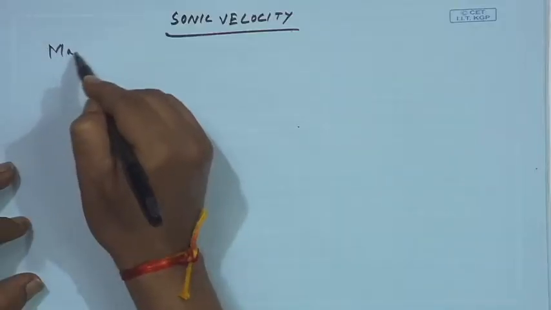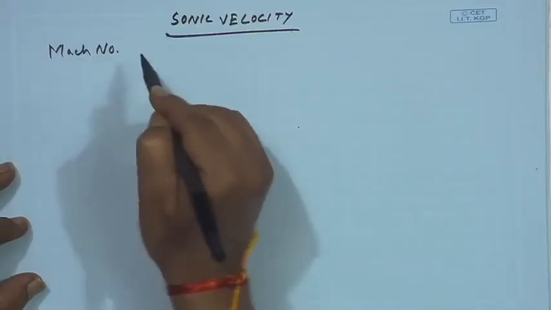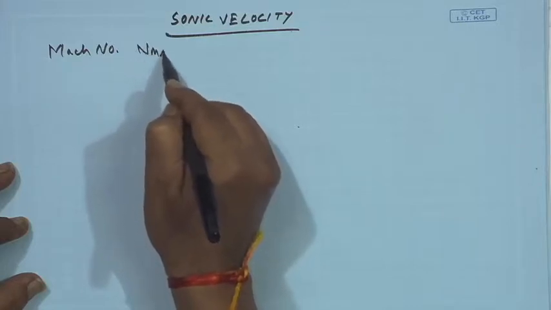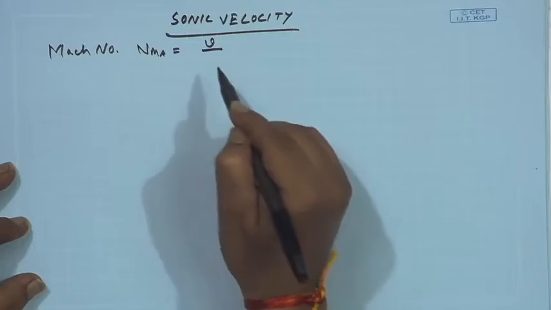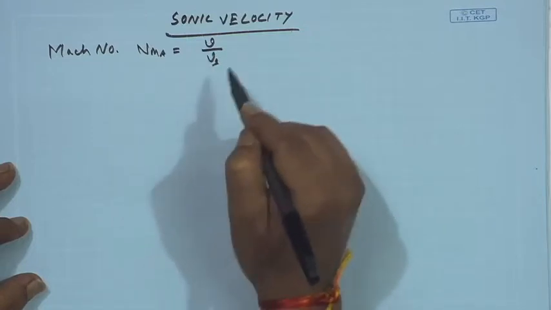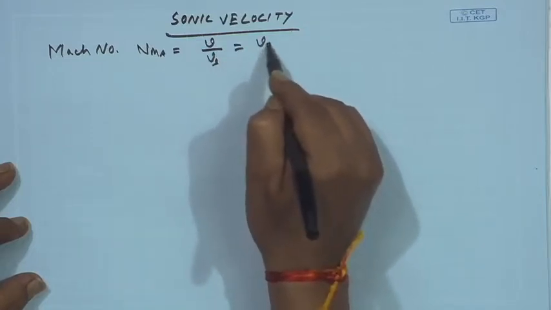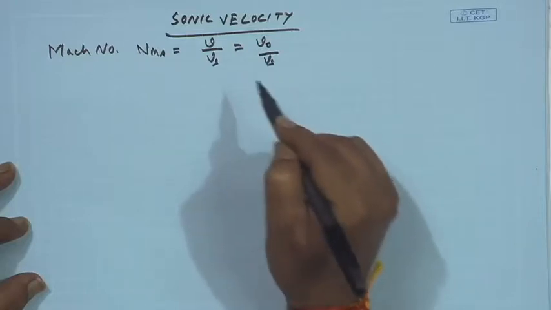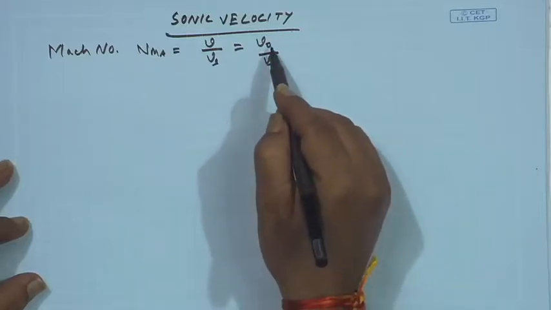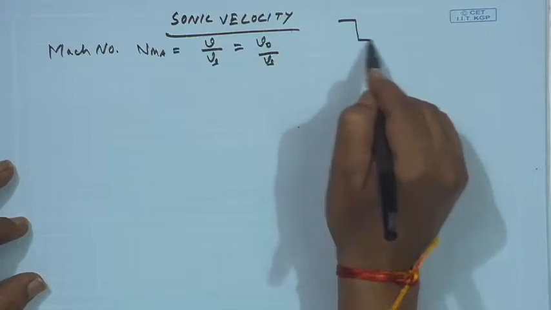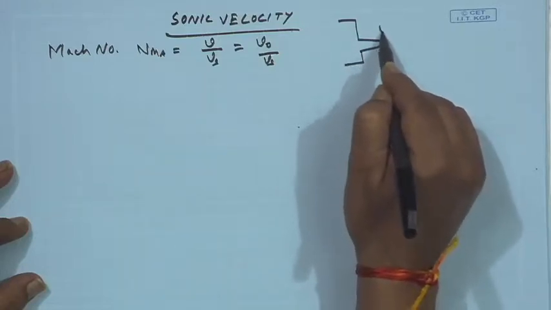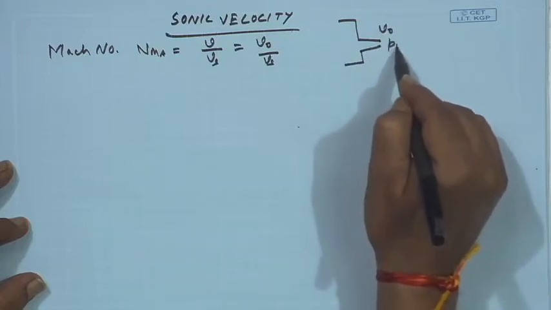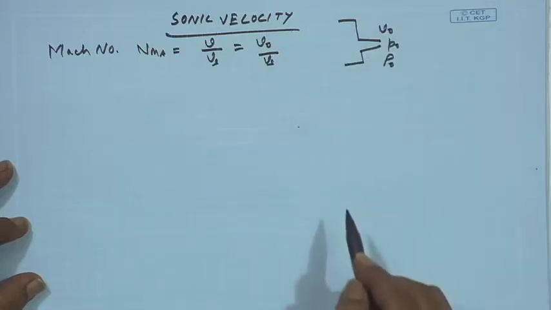So Mach number, NMA, was the velocity of that to the velocity of sound, and ultimately we brought it to the tip velocity at the nozzle. So V0, P0, rho 0 at the nozzle.